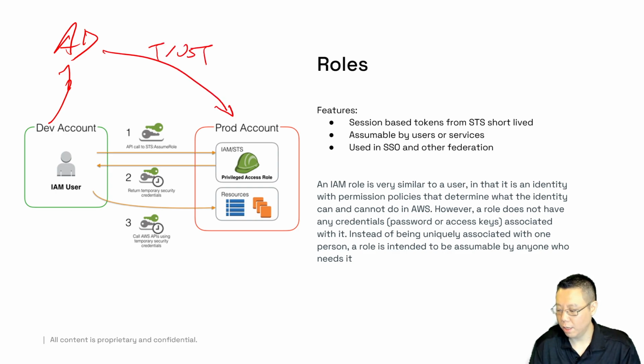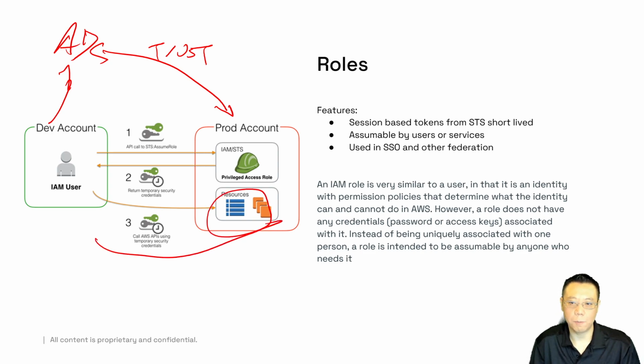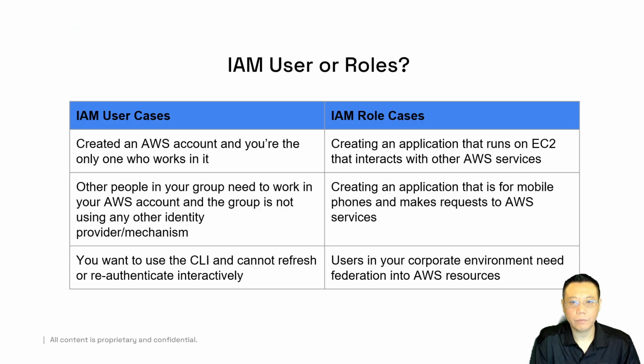There's a two-way trust, and it's basically saying, "Hey, I trust that the Active Directory service is doing the authentication piece. I'm just providing the authorization and a temporary set of tokens that my user from on-premise can use with these services specifically." That's all it really means. So a role is just a temporary set of credentials, not long-lived, and is commonly used in SSO, federation, or other best practice techniques. Remember, STS, role, short-lived.